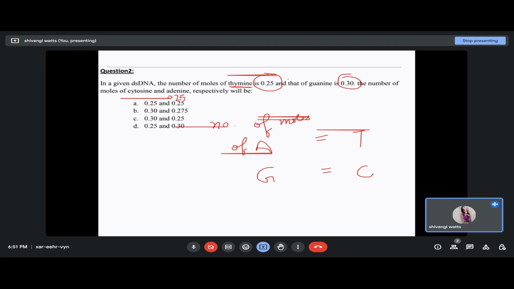And guanine is 0.30, so the cytosine should be 0.30. So the answer is 0.30 and 0.25. So option C is the right option. You can note down.